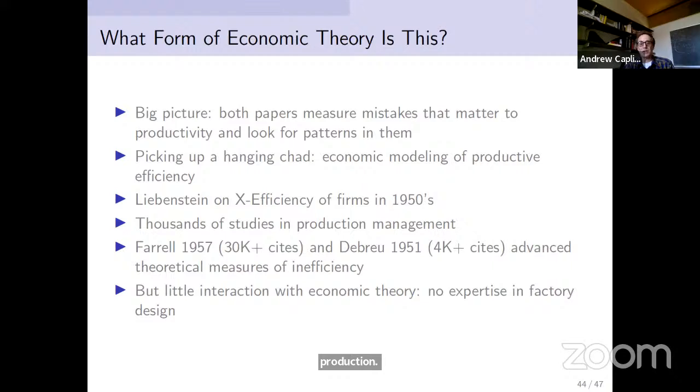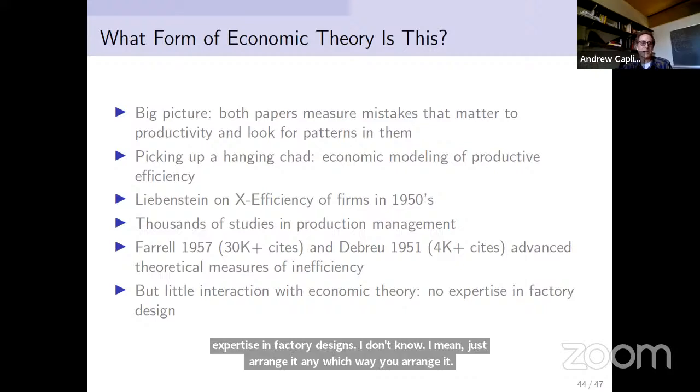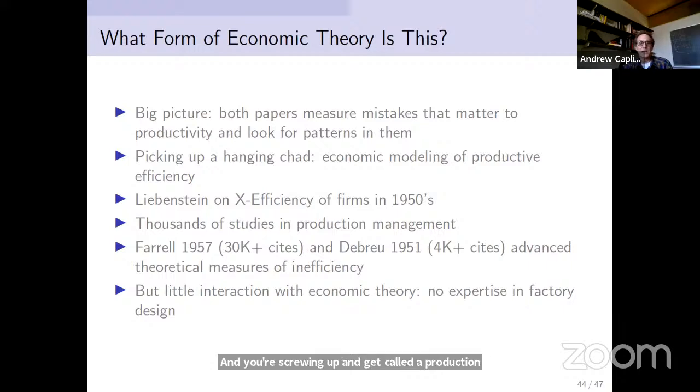Two papers, including one by the great Gerard Debreu, and then also Mike Farrell, written by economic theorists, advanced the measurement of productive inefficiency. But economic theorists backed out because we have no expertise in factory design. Like, I don't know, just arrange it any which way you arrange it, and you're screwing up, and call a production manager in to change it.